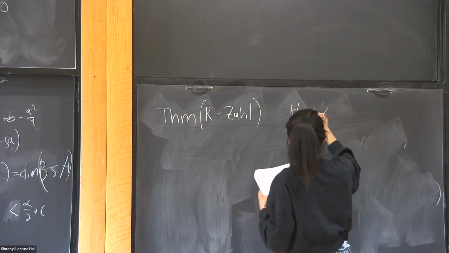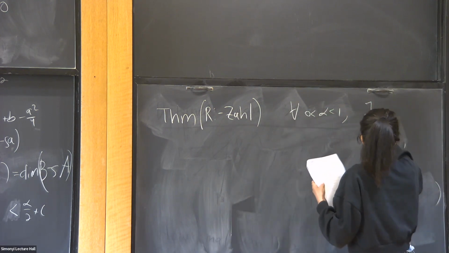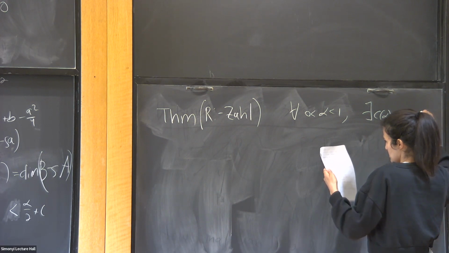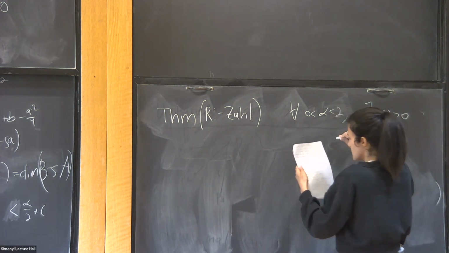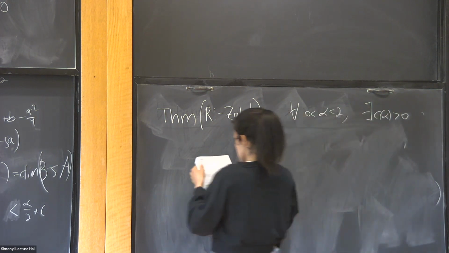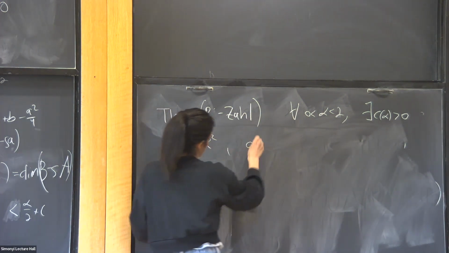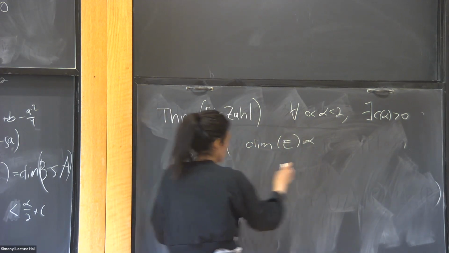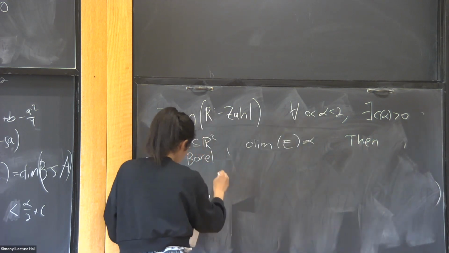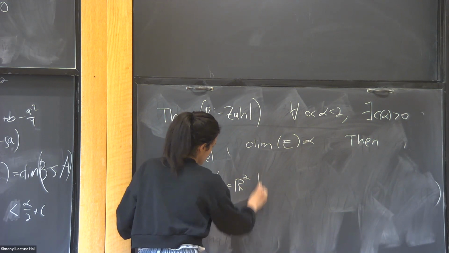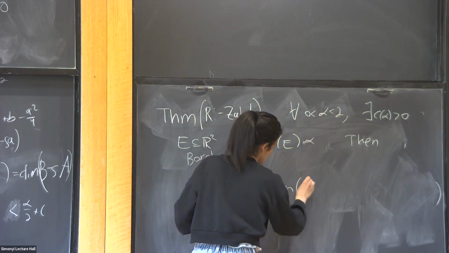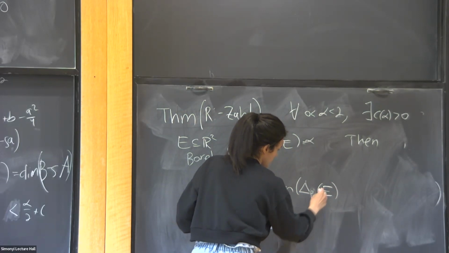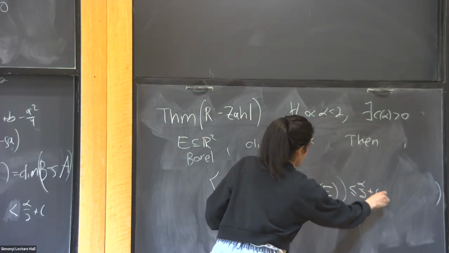We have alpha between 0 and 2, and there exists a constant such that, if E has dimension alpha, as in Bourgain, then we consider this set from Shmerkin's theorem: all points in R2 such that the dimension of the set of distances between P and the set E is less than alpha over 2 plus C.